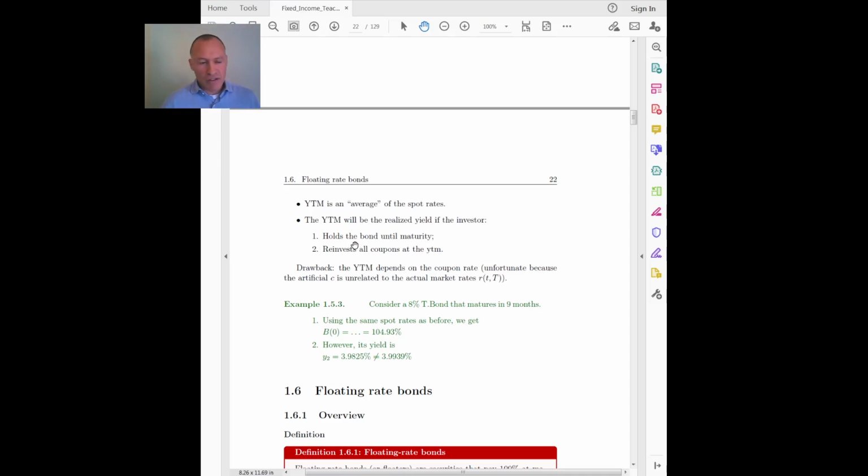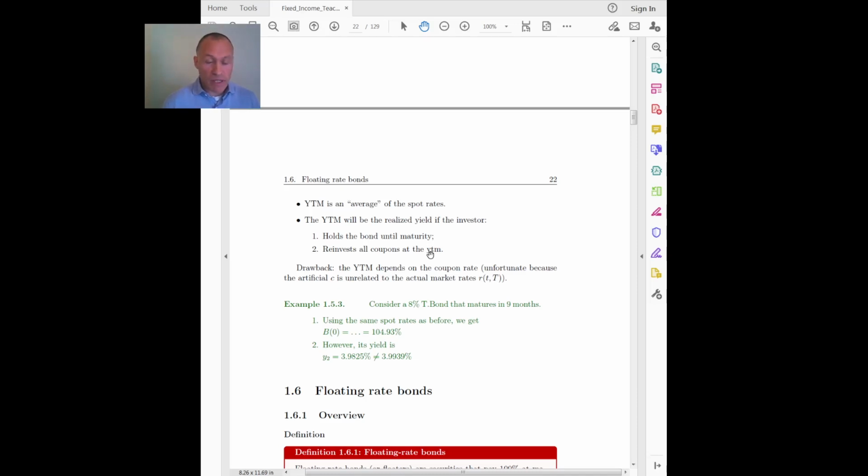Well, the first one is kind of obvious because it's in the name. This is called yield to maturity, meaning that I am going to get 4% if I hold the bond until maturity. Okay, so that's the first condition. The second condition is not so obvious: the calculation of the yield to maturity implicitly assumes that I will reinvest the intermediate coupons in the future at that same rate that I'm computing.